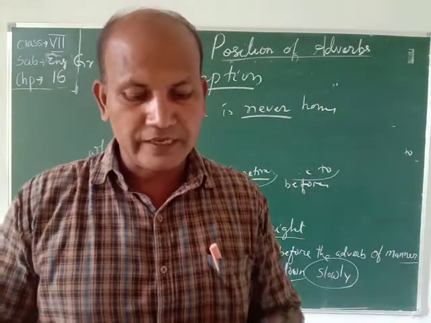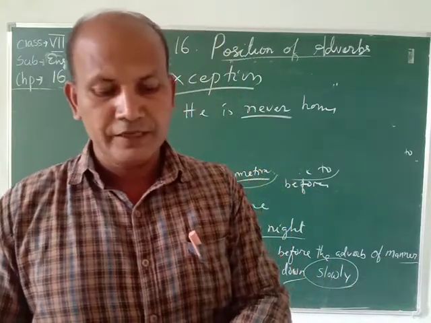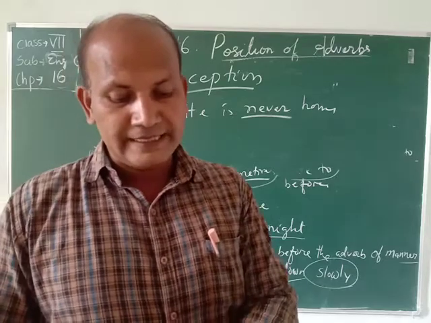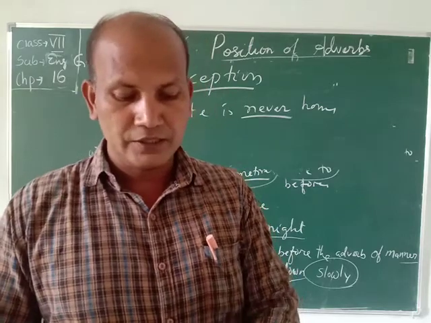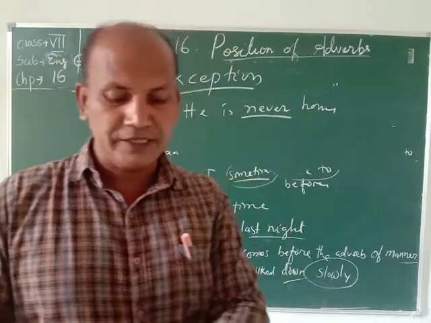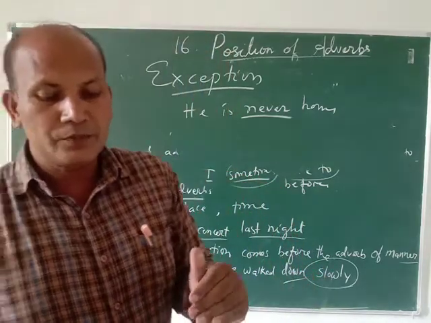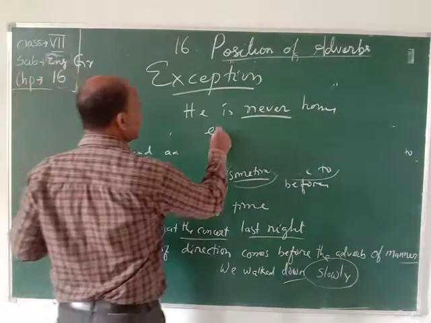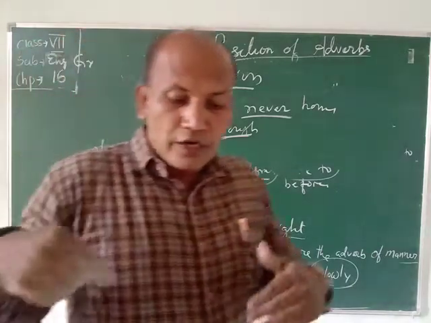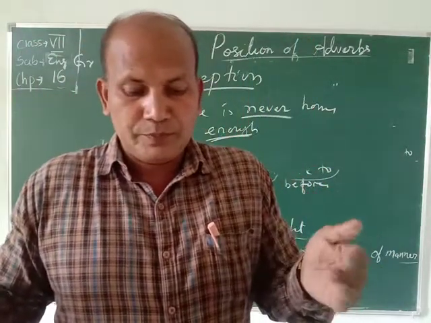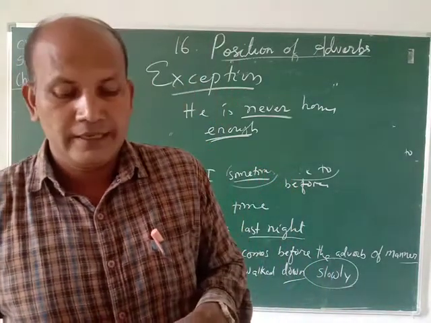Here, this exception: when an adverb of frequency is used with the verb to be or any of its different forms, is, am, are, it is placed after the verb. Just like she is sometimes late; we don't say she sometimes is. Also, the adverb enough is placed after the word it modifies, just like she writes well enough.